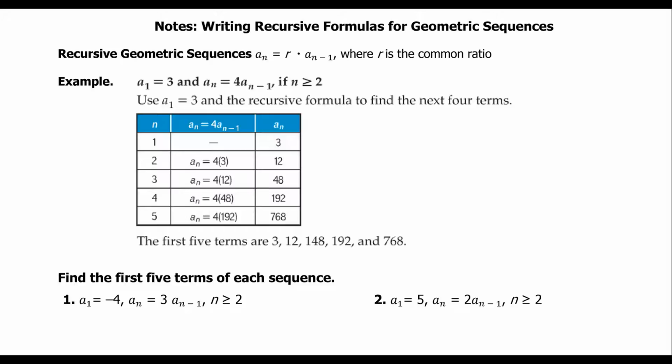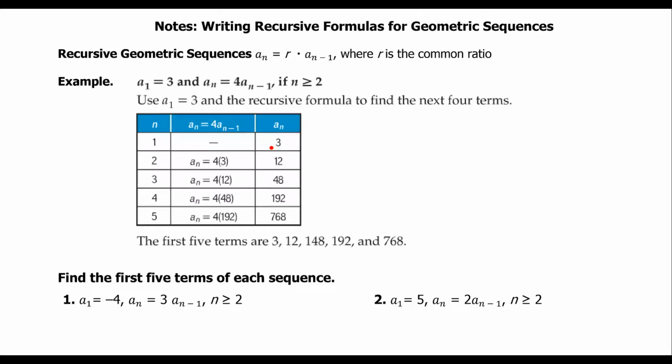As an example, it gives us that a sub 1 equals 3 and a sub n equals 4 times a sub n minus 1. So it says that we use a sub 1 equals 3 in the recursive formula to find the next 4 terms.